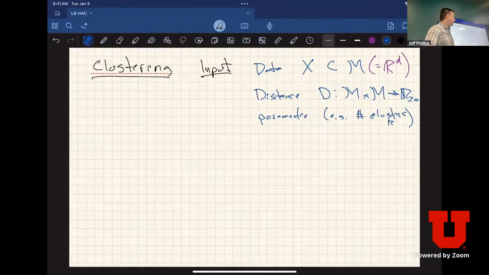As I mentioned, in the second lecture next week, we'll talk about how we choose this. But we're still given as input the data and the distance of how we measure how close two things are in the space.